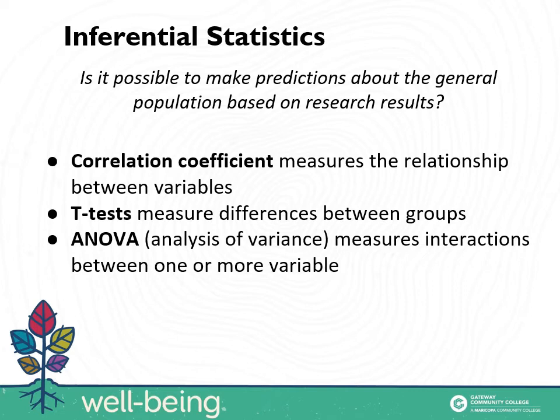T-tests measure the difference between groups that are being looked at. And then analysis of variance, or ANOVA, measures interactions between one or more variables.